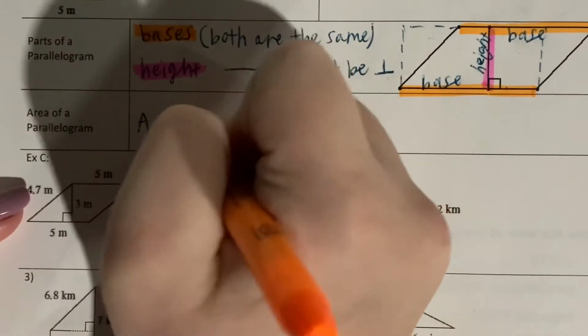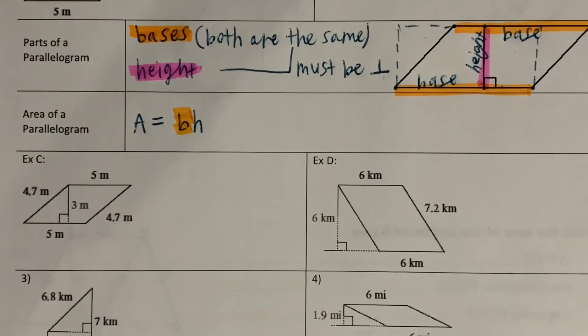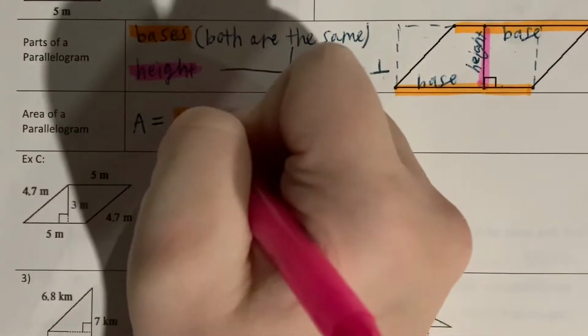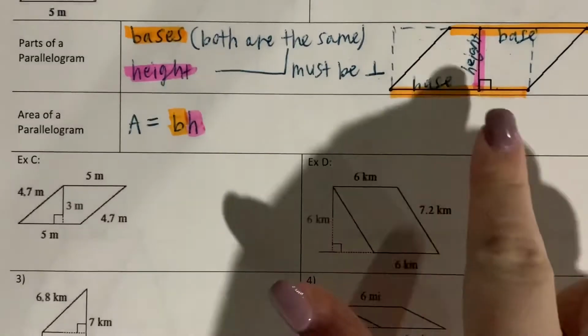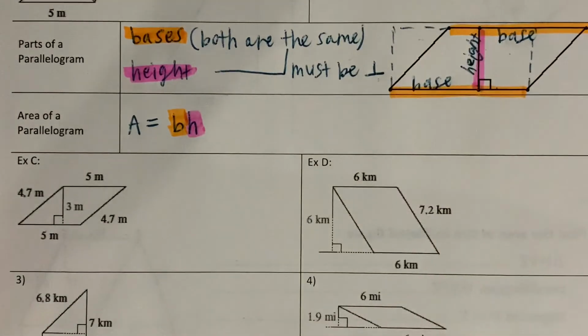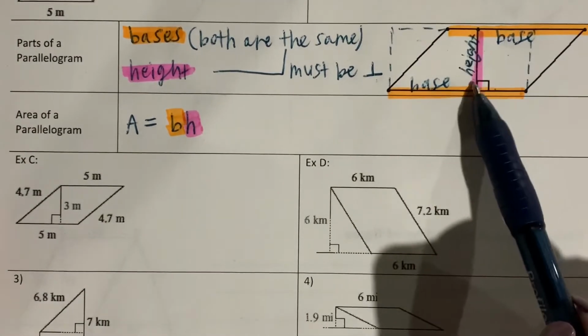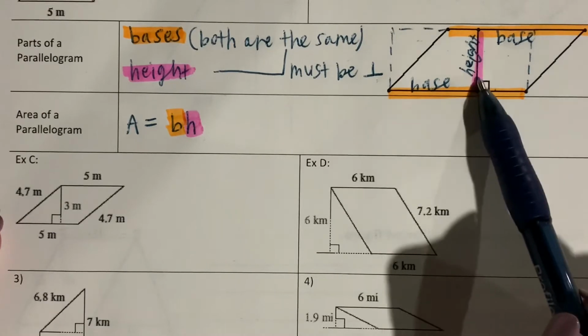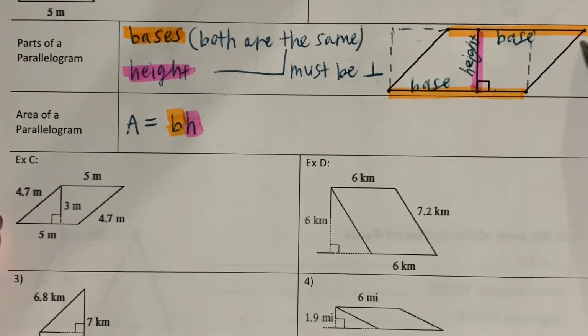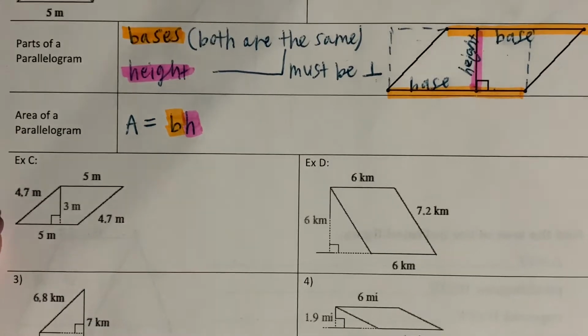Because you can use the base dimension and you can use the height dimension. It's just slanted. Your whole figure is slanted. And that's why you have to be very careful and make sure that you're using the height that's perpendicular to your bases and not whatever side distance might be over here on this diagonal. So we'll see what that looks like when we jump into example C.